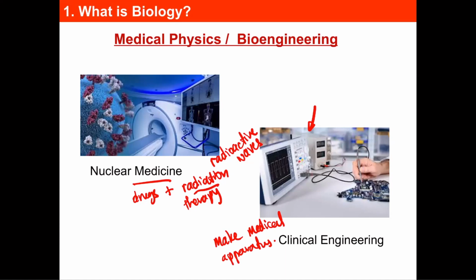So they are making a blood pressure machine here. The concept of blood pressure falls under physiological processes, but how we make the apparatus, or the machine needed to measure blood pressure, falls under engineering.